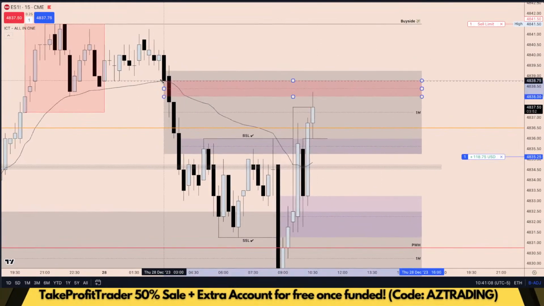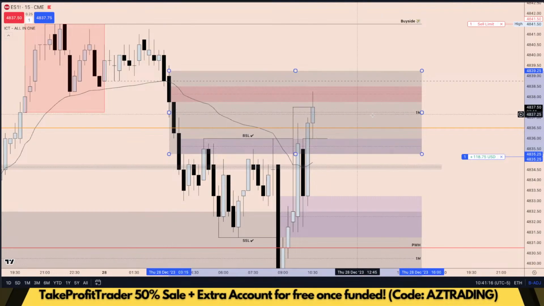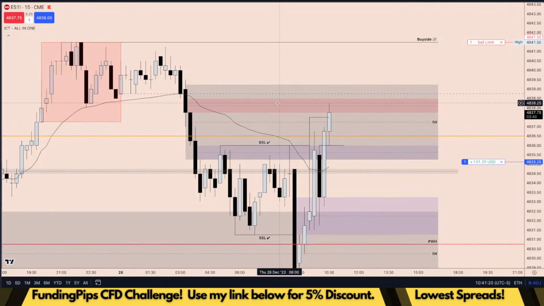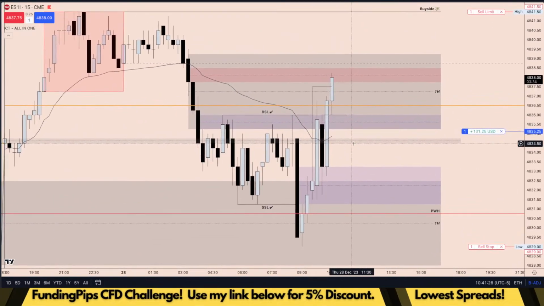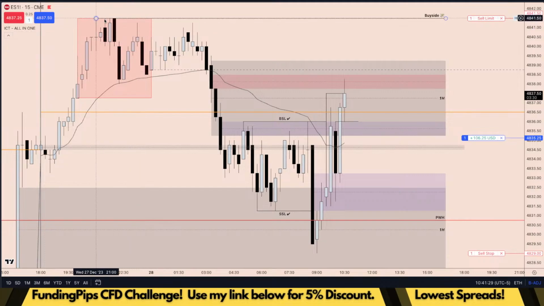So now we hit this 15-minute bearish. We're still overall inside our bigger picture, 1 hour bearish fair value gap. Gonna leave that on our chart. We took that high. And we still have our equal high Asia buy side right here.